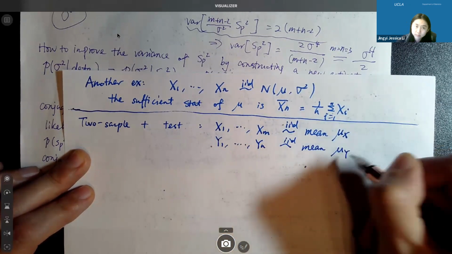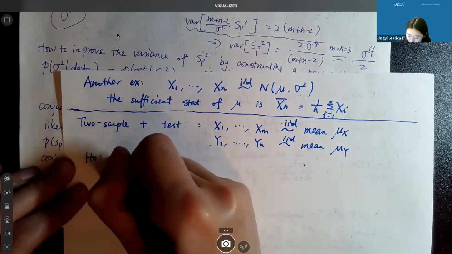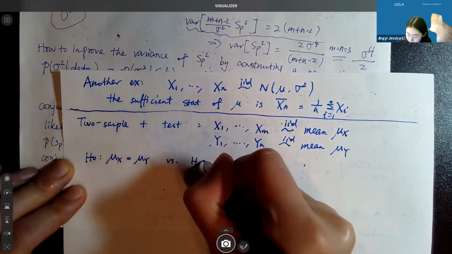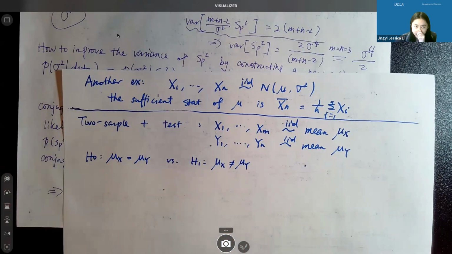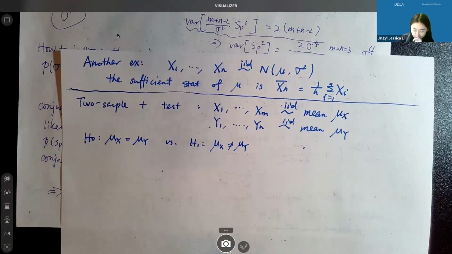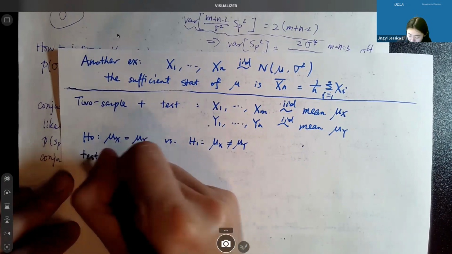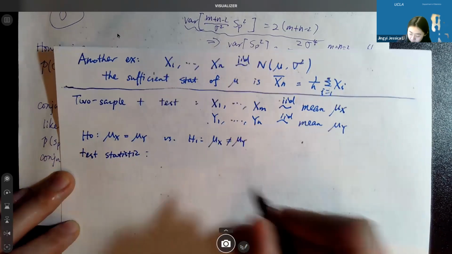These are our two samples. And the null hypothesis we want to test is mu x equals mu y, while the alternative is mu x doesn't equal mu y. That's the hypothesis we want to test. And then the test statistic, we denote it by T, right?